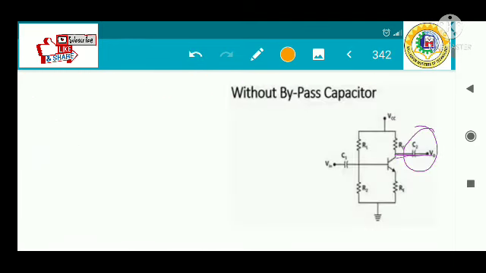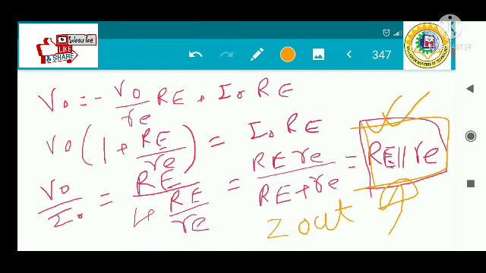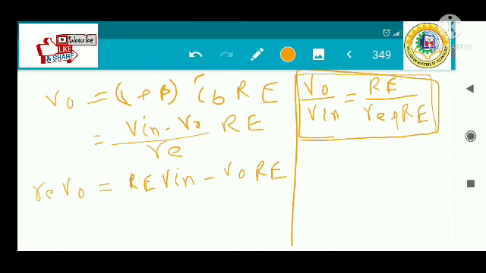But here, in the case of the emitter follower circuit or the common collector circuit, the gain is greater than 0, meaning not negative. Not negative means 0-degree phase shift.